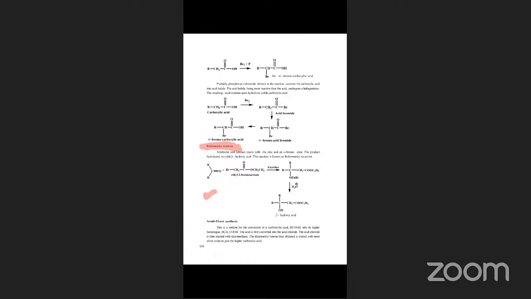The product is hydrolyzed to yield beta hydroxy acid. This reaction is known as the Reformatsky reaction. Beta hydroxy acid. Look, R C double bond O R. What is the group?